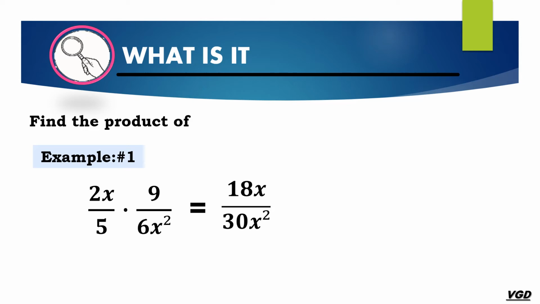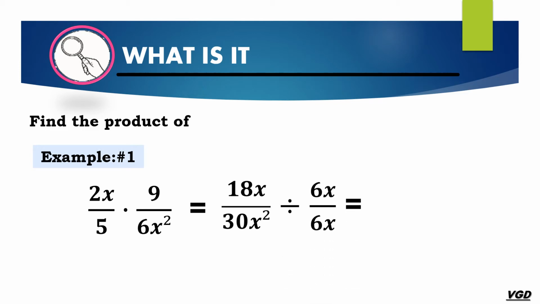So we get the GCF, or greatest common factor, of the numerator and denominator. For the numerical coefficients 18 and 30, the GCF is 6. And for the literal coefficients x and x squared, we have the GCF x.